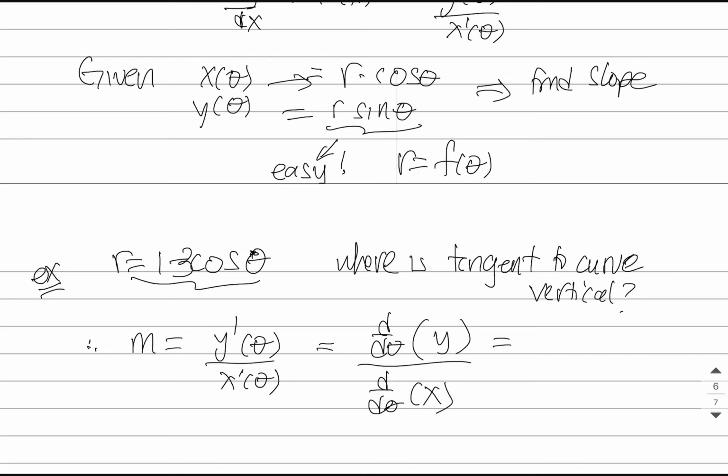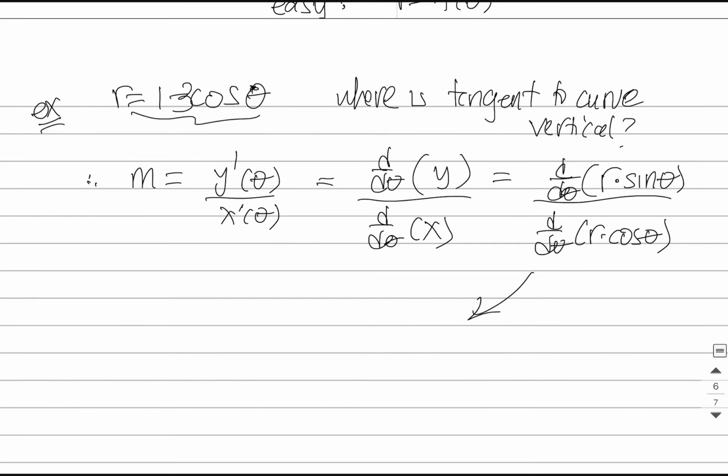Well, the derivative of y is like saying the derivative of r times sine theta over the derivative of r times cos theta. Well, r isn't really just a plain old r. R is 1 minus 3 cos theta, and that's going to be multiplied by sine theta.